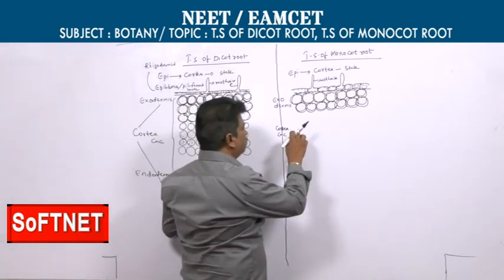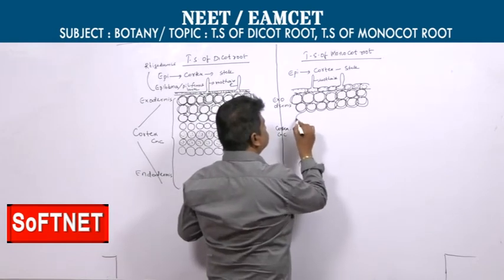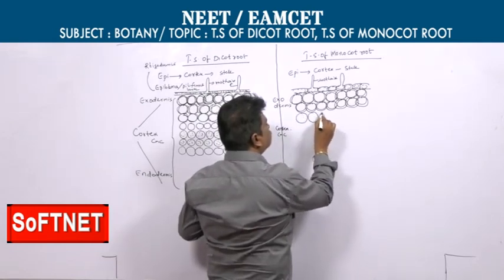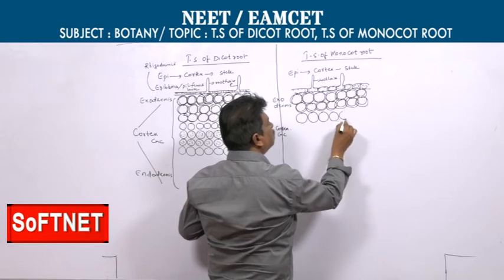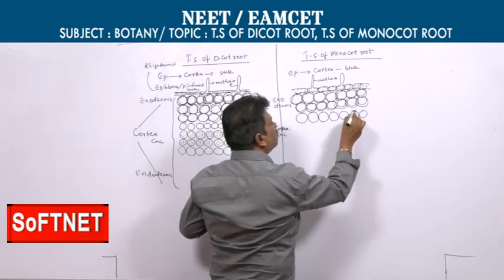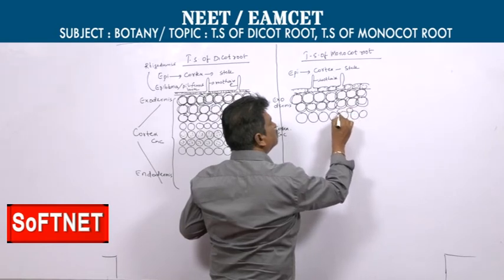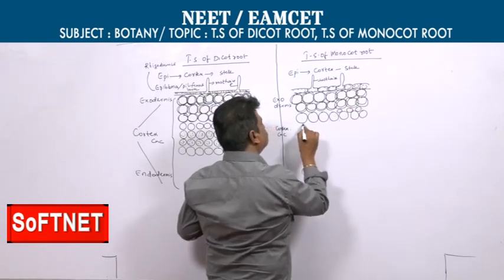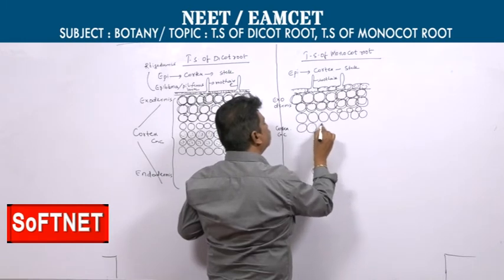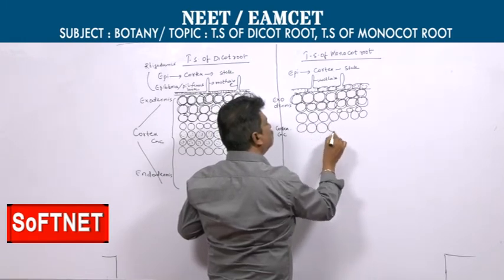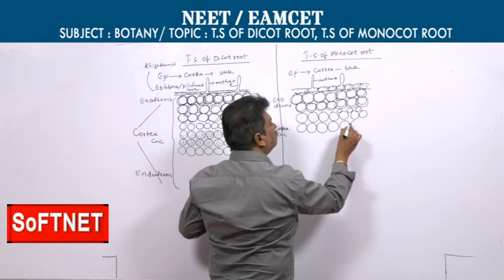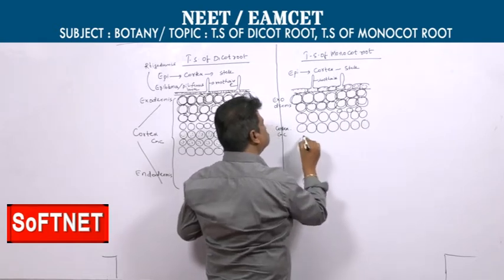Then general cortex in monocot root is the same. Even in monocot root, general cortex is present in between exodermis and endodermis.